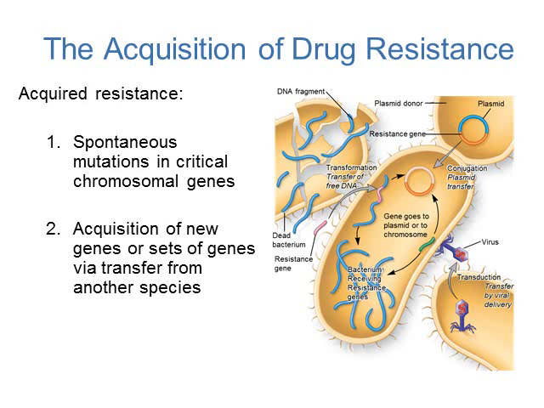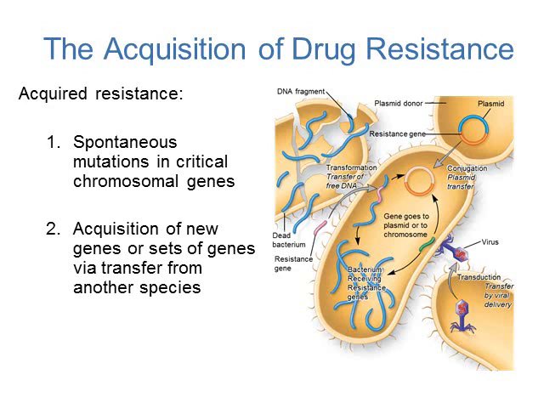Acquired resistance can be spontaneous, like a mutation in some gene, and this gene could cause the bacteria to become resistant to a drug, so the drug will no longer work. Or it can be acquisition of new genes or sets of genes via transfer from another species.